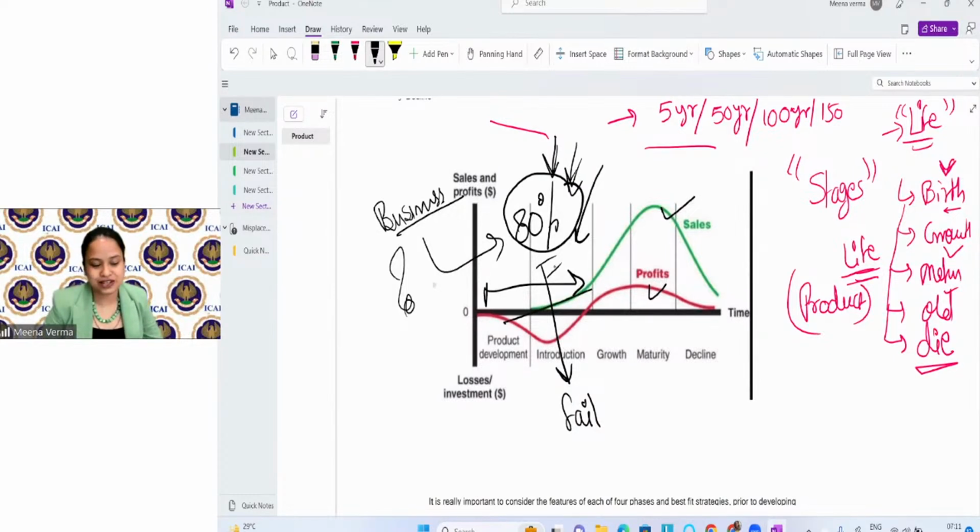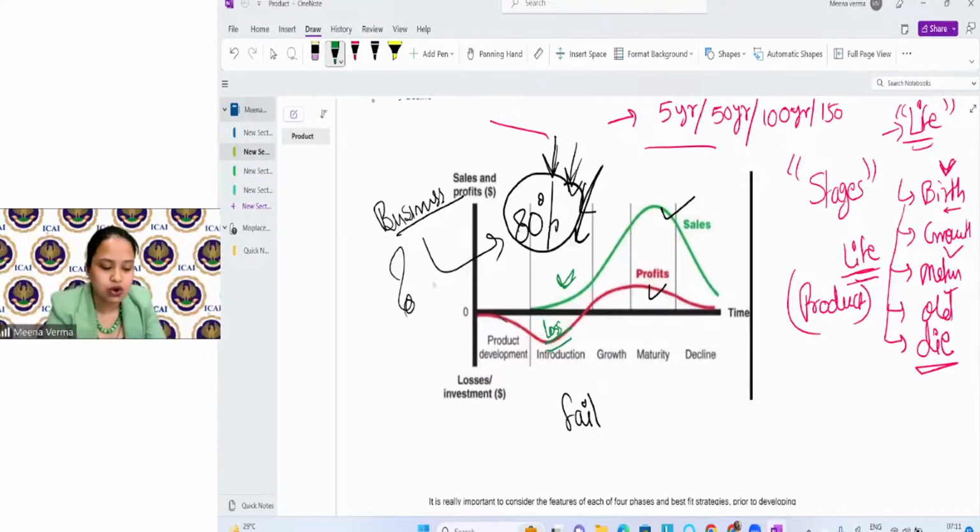Most fail here because you have spent most of the cost here, and obviously the sale is not good here. You can see the graph, right? Sale is not good here. You have incurred most of the cost here, and obviously you are having losses. And since you have just started the business and you're incurring losses, you want to quit because you have decided, okay, there will be no profit in this business.